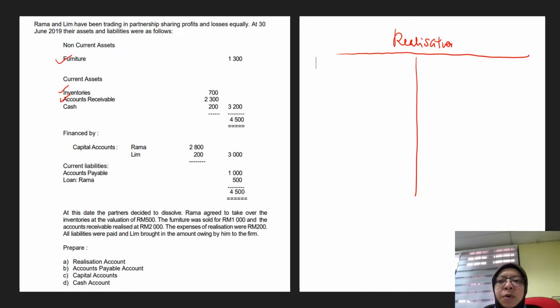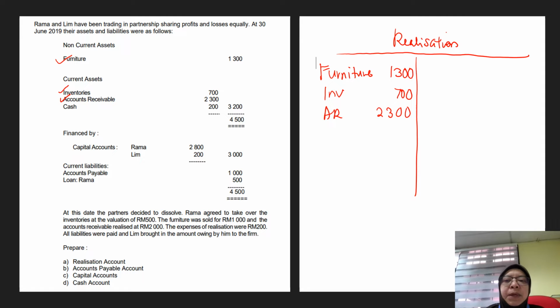We put on the debit side the transfer of all the asset values as in your SOFP: furniture 1,300, inventory 700, and account receivable 2,300. So this is the first step, where we close all the asset accounts except cash or bank account.